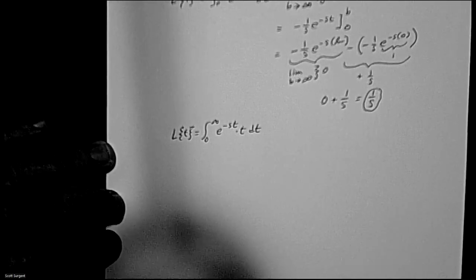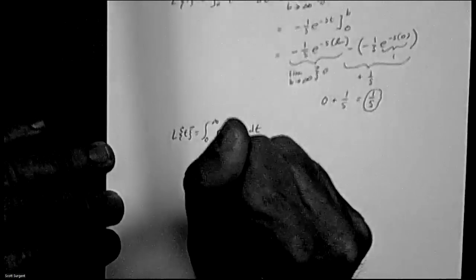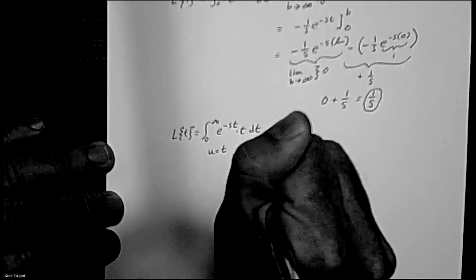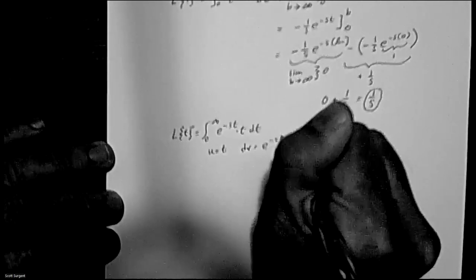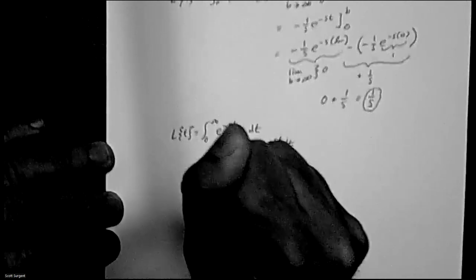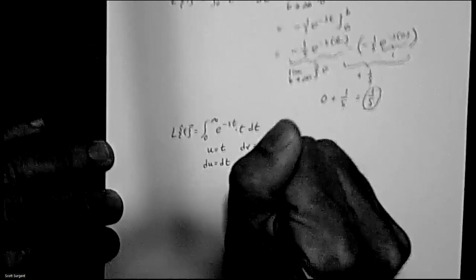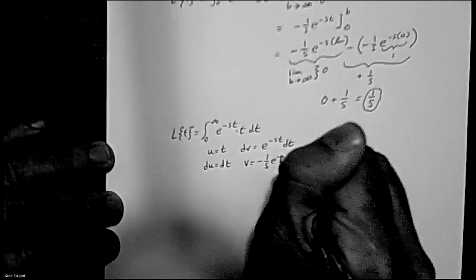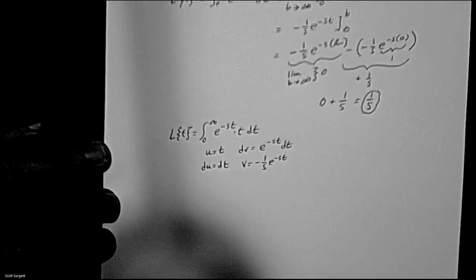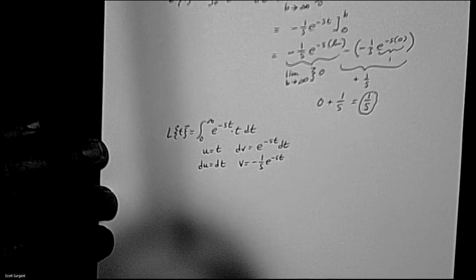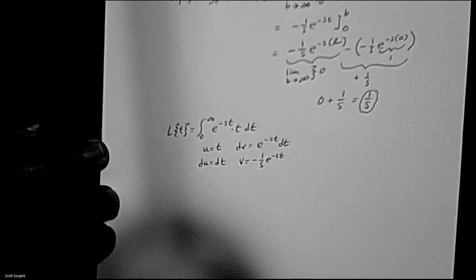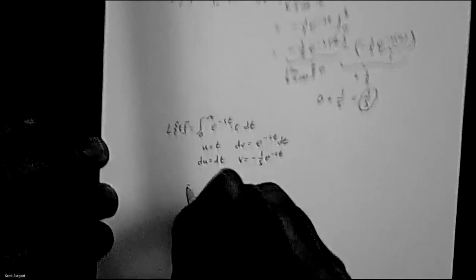And we need to use integration by parts here. I split it up as u equals t and dv equals e to the negative st dt. Let's put it all together.